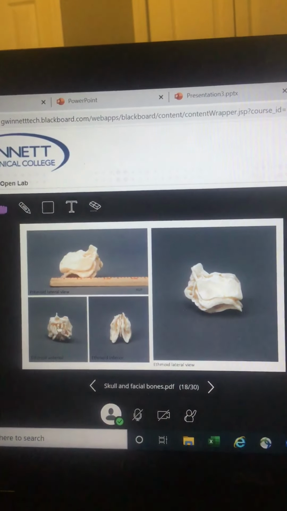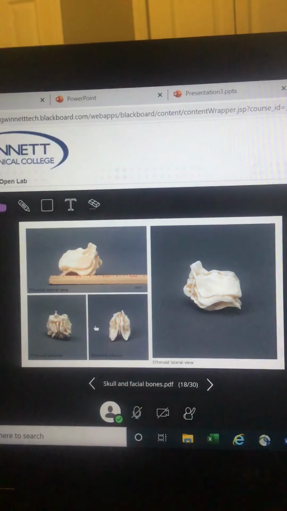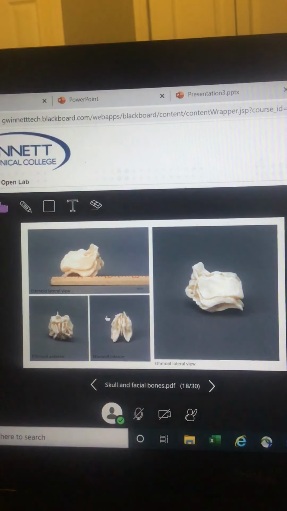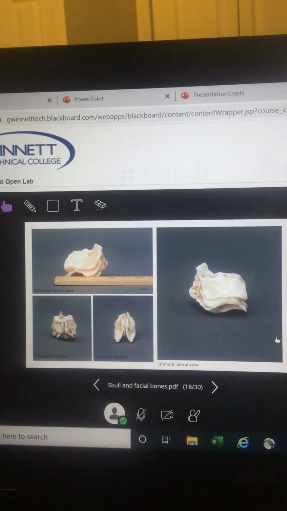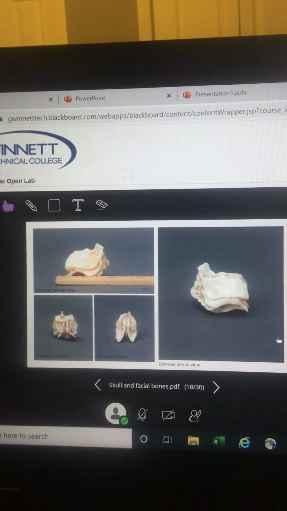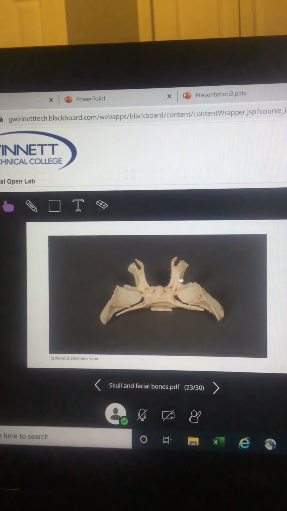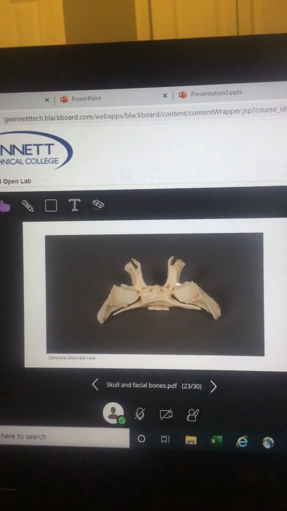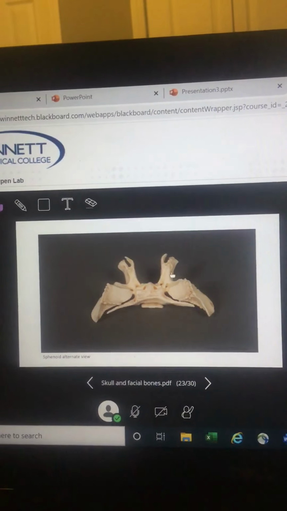Okay. Here's the crista galli here. Can't see it on this one. The crista galli here. All right. We're looking at our butterfly upside down. What is this area? What is this called? What is this?